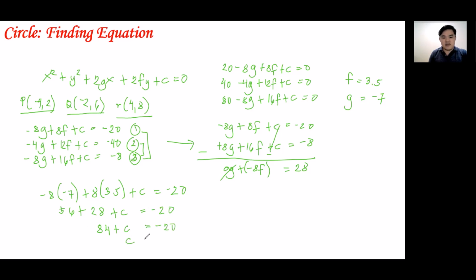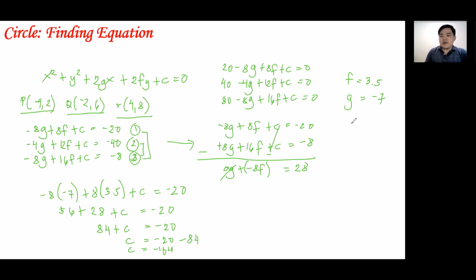Then transposing, c is equal to negative 20 minus 84. Again, they are what? They are like signs. So therefore, we're going to add. And this gives c is equal to negative 104. I cannot write anymore beyond this line.